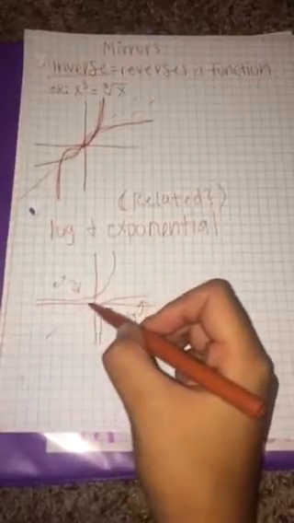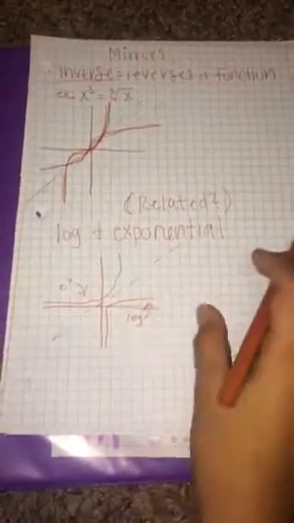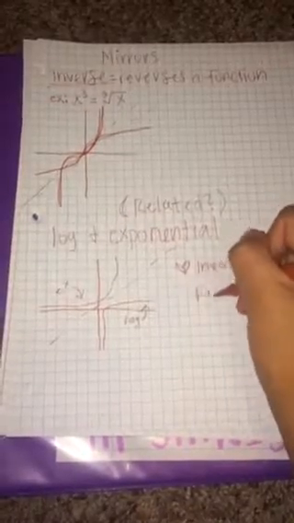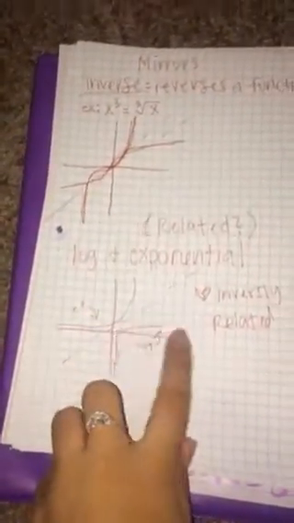And oh, what do we see? They are what? We see that they are inversely related. They are inversely related because when we graphed them, we saw that log has this graph and that exponential has that graph. And we got that they were inversely related because we mirrored it, and that's how we got to see that log and exponential are inversely related.